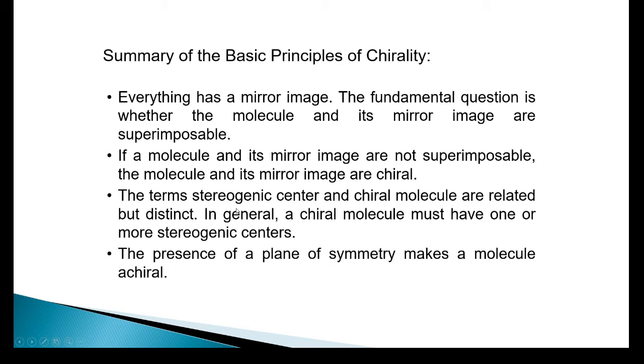Okay. So everything has a mirror image, unless you're a vampire molecule, which we aren't. The question is, are the mirror images superimposable or not? If the molecule and its mirror image are not superimposable, we say it's chiral. So we're just reviewing the terms here. And then stereogenic centers determine chiral.